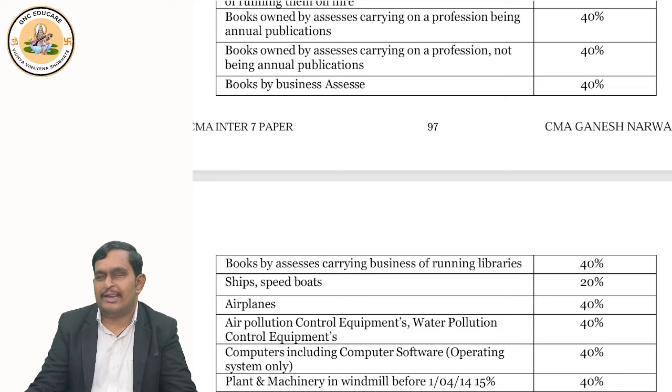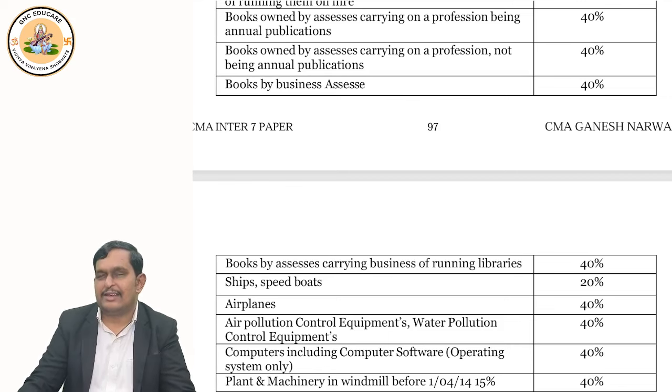Aeroplanes, aircrafts, helicopter, 40% is the rate of depreciation. When I talk about air pollution, water pollution control equipment, what is the rate? 40%. And when I talk about windmills, the rate is 40%. What was the old rate, what is before, you ignore.